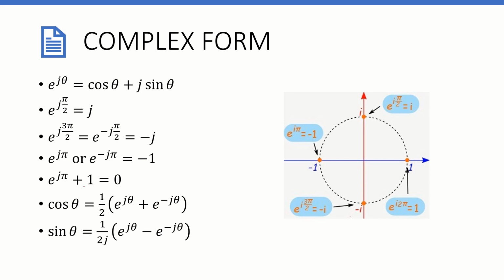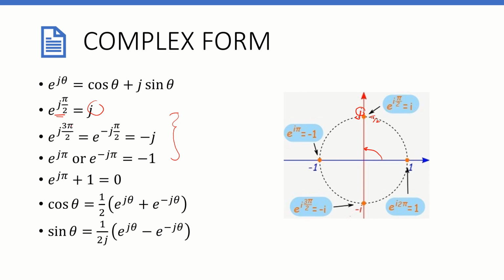And also you need to know this graph as well. For example, e^(j pi) and e^(-j pi). You can see here, it starts from here. If your angle is positive, for example pi over 2, which is 90 degrees, your value is going to be j.